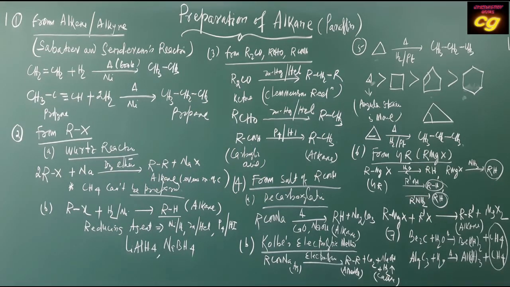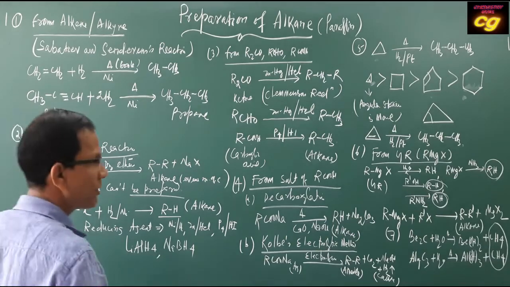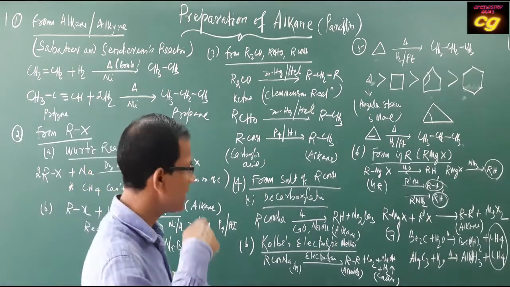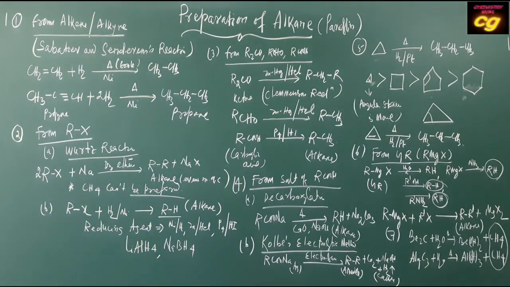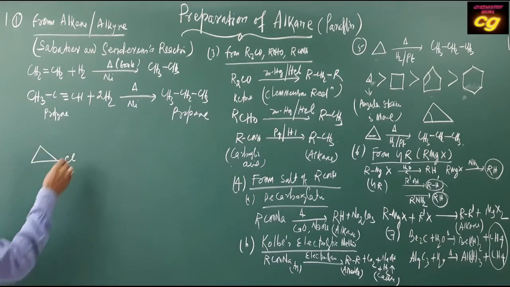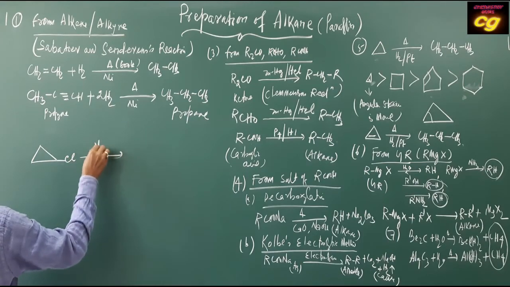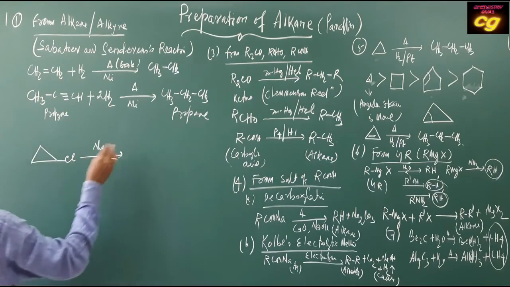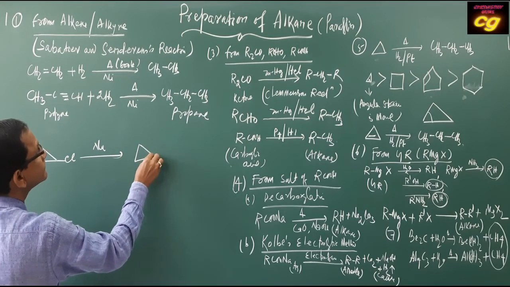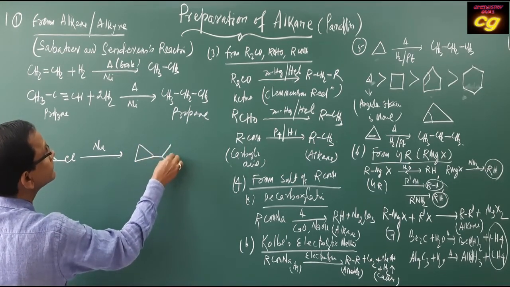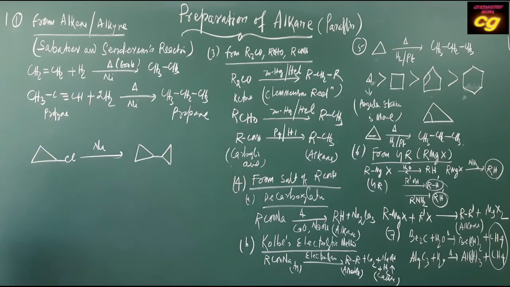Now we'll discuss some important products of Wurtz reaction. Okay, you complete this one. Cl in presence of sodium metal will produce, that is two cyclic compounds will join.